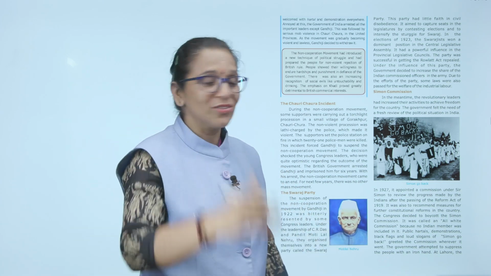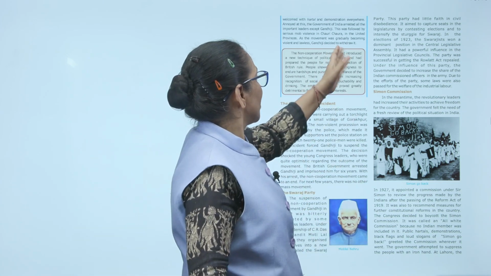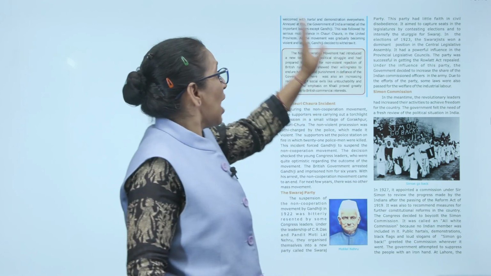Annoyed at this, the government of India arrested all the important leaders except Gandhiji. And this was followed by a series of mob violence. The Chauri Chaura incident happened in the UP, United Provinces. As the movement gradually became violent and lawless, Gandhiji decided to call off the non-cooperation movement.